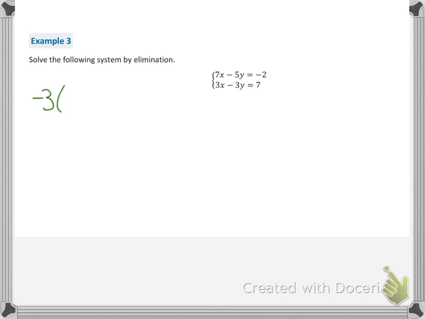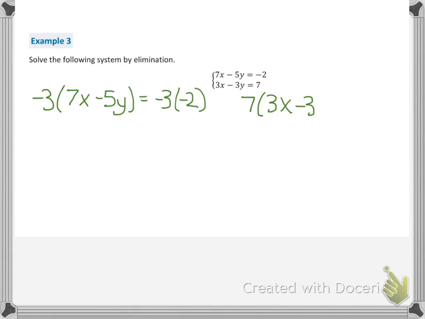And so I'm going to have -3 times 7x minus 5y is equal to -3 times -2. And then the second equation, I'm going to multiply by 7. So I'm going to have 7 times 3x minus 3y is equal to 7 times 7.